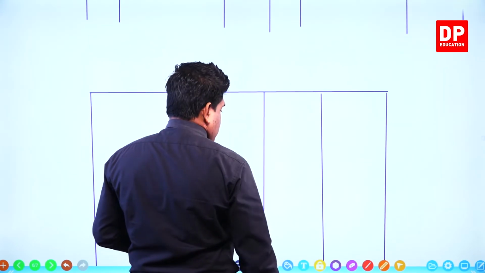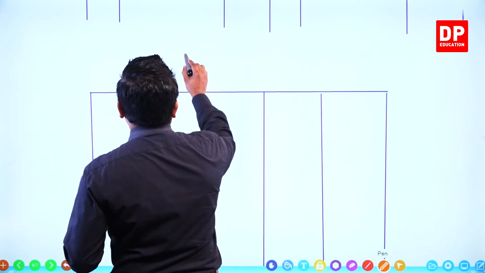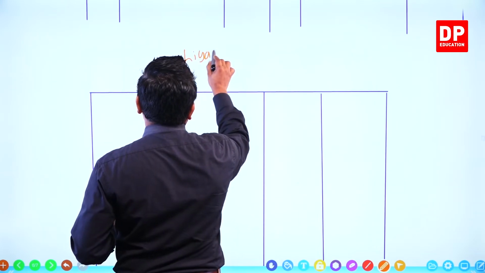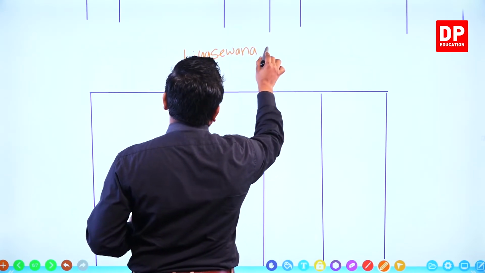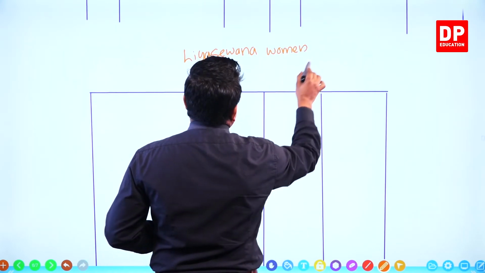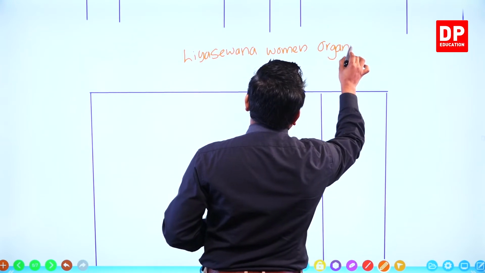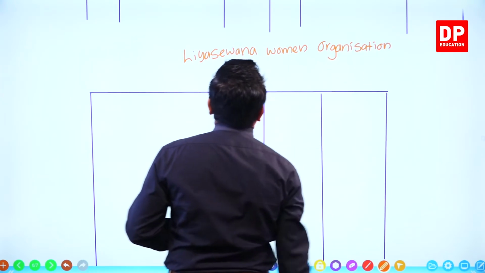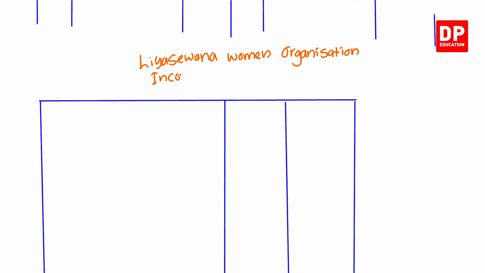Then here you write Women Organization, income statement for the year ended 31st December 20, any year, right?